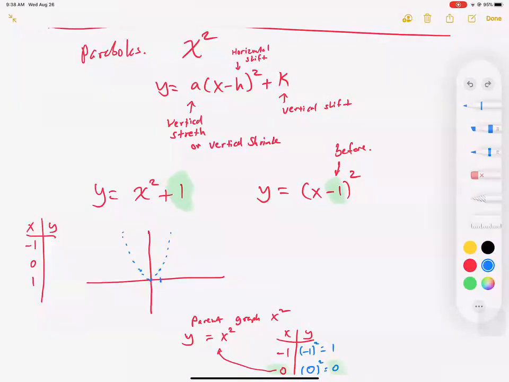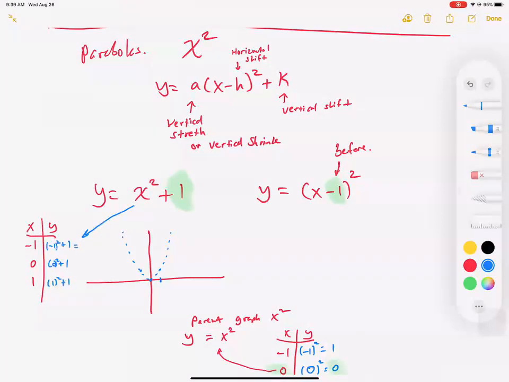So let's go ahead and fill out the problem. If I plug in 0, it'll be 0 squared plus 1. 1 squared plus 1. -1 squared plus 1. Again, I'm just plugging into this equation using the x values 0, 1, and -1.